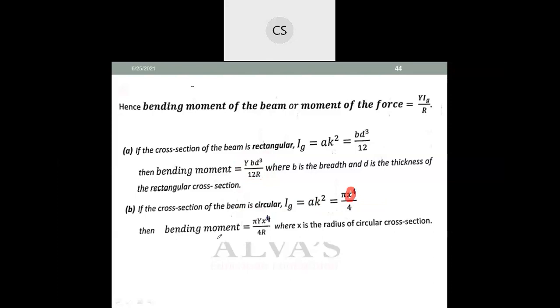So therefore, the bending moment can be written as pi into Y into x to the power 4 by 4R, where x is the radius of the circular cross section. This is exactly the bending moment of the beam.